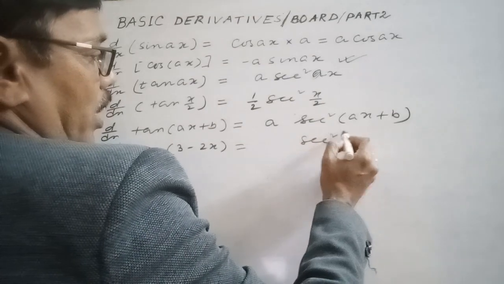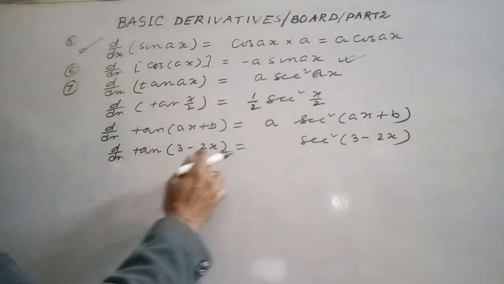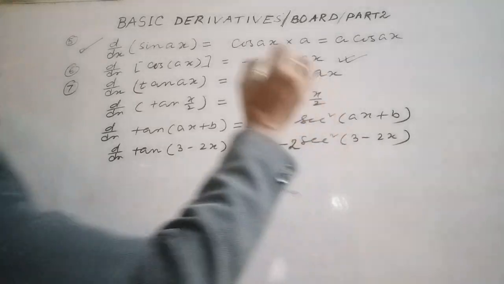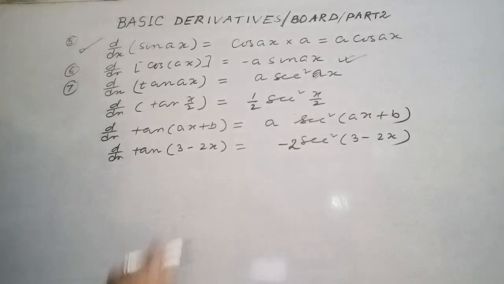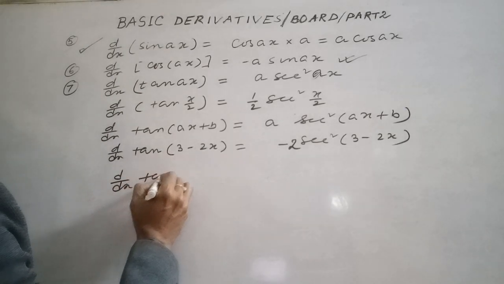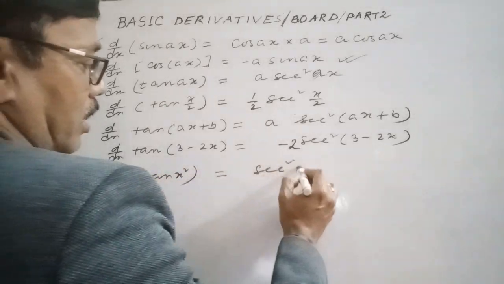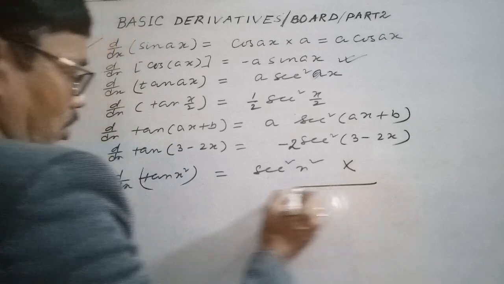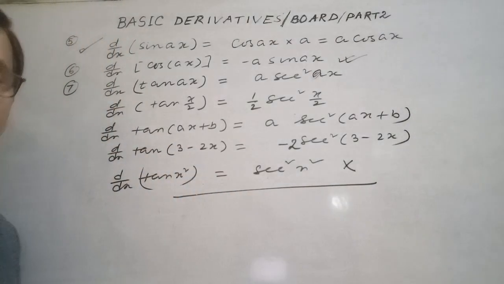So sec square(3 minus 2x) into the coefficient of x, this is minus 2. Now, the argument must be linear. d/dx of tan x square, sec square x square, is not possible because it is not linear.